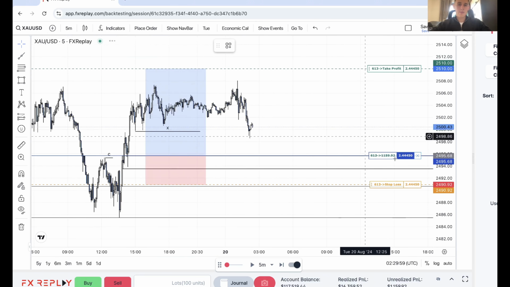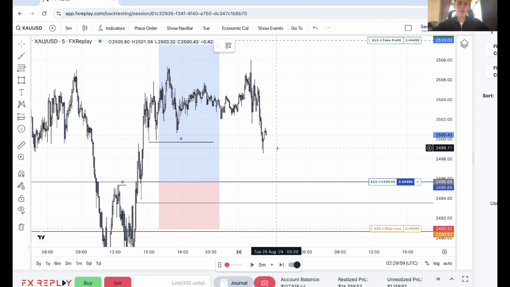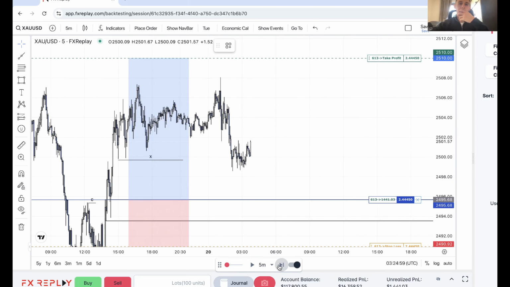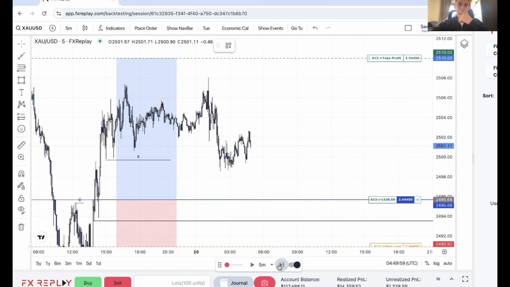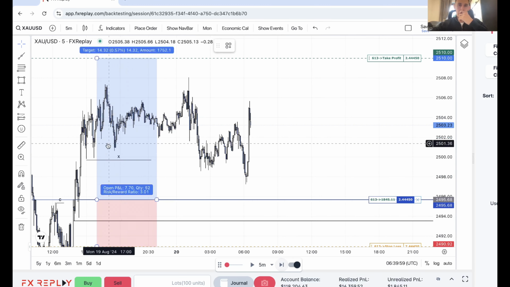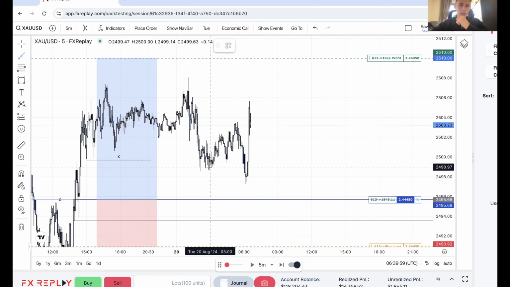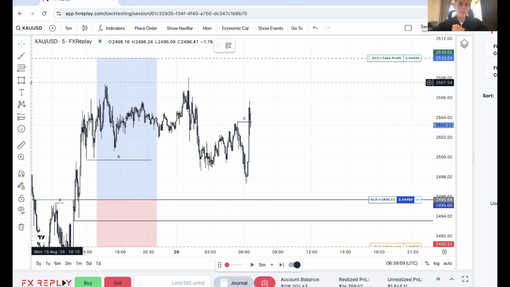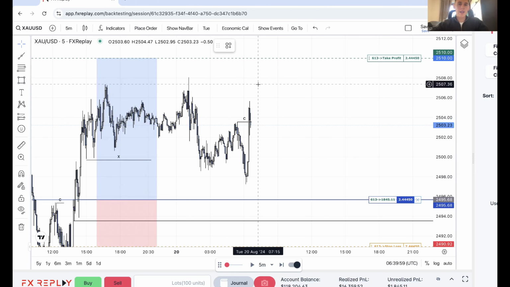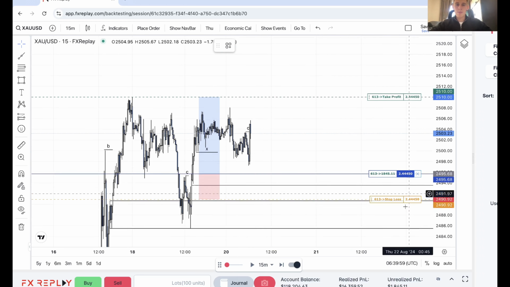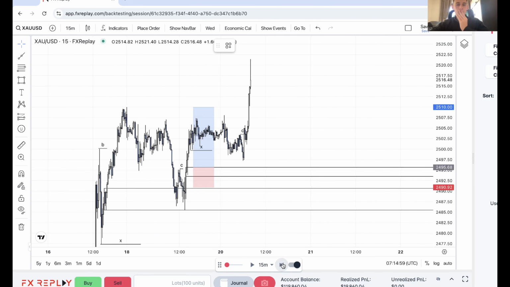So if buys are going to continue, probably see it from here. Yeah, so there you go. All of these Asian lows were swept. You had another break just there. So if you missed the first entry, you could look for a pullback into there to buy up based on the fact that all of these lows have been swept and price is still bullish.